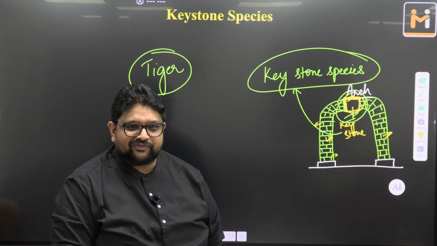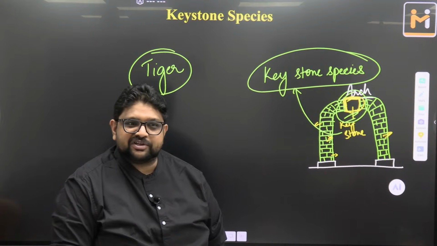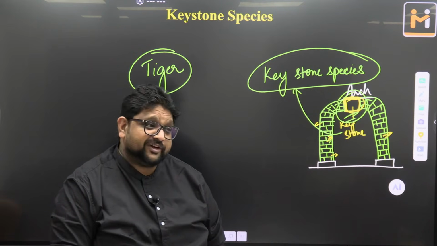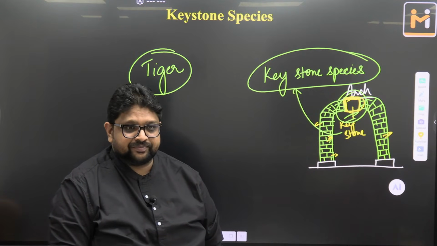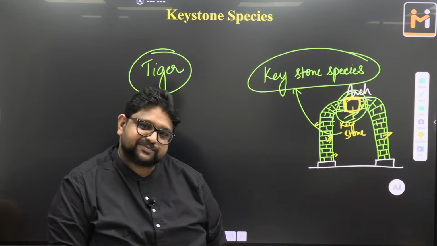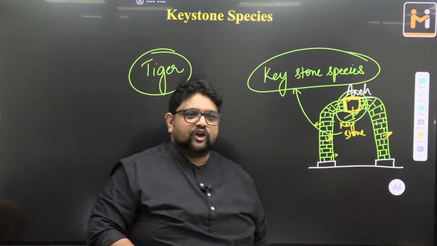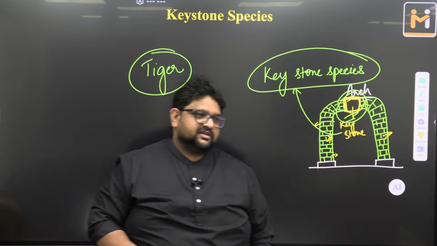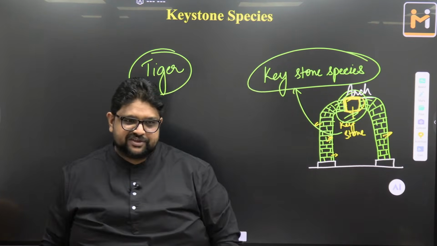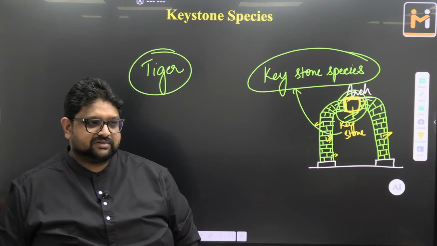So what is the role of the tiger in the ecosystem? To keep the population of herbivorous animals that feed on grasses in check. Overpopulated herbivores lead to overgrazing of grasses, exposure of soil, erosion, and loss of fertility in that area, which leads to desertification. That area becomes barren, a desert.